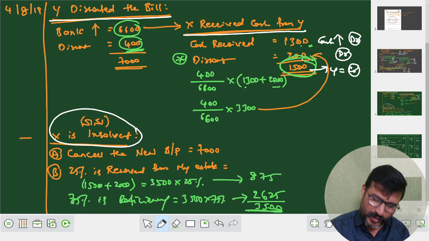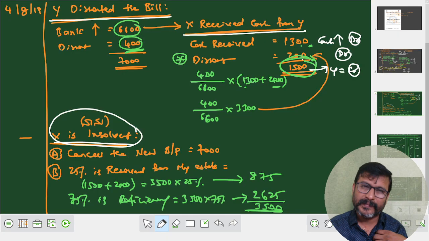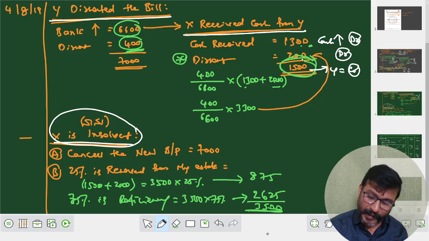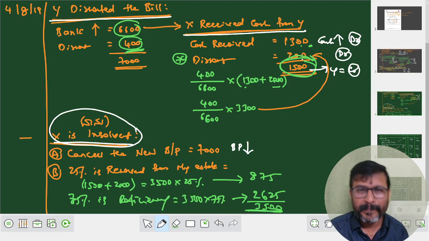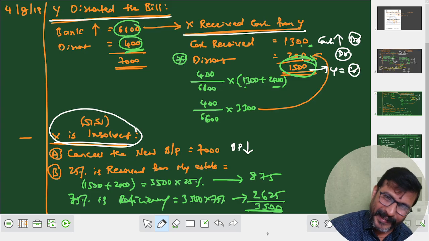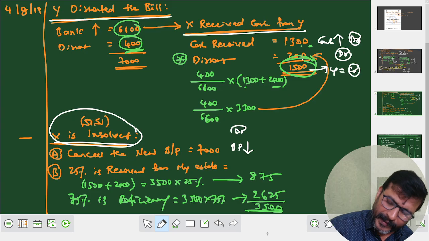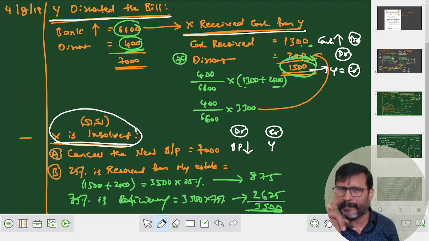But here, my dear student, I am insolvent. When I am insolvent, what happened? BP decreased. BP decreased means liability decreased. Liability decreased is to be debited. Then Y is to be credited. Please remember this.